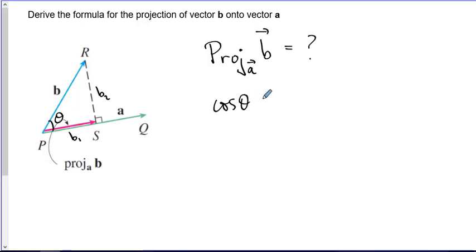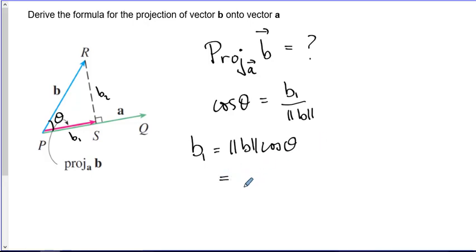Cosine of theta is B1 over magnitude of B. B1 here is the scalar. So that means I can write B1 as magnitude of B cosine theta. Then this is sort of out of the blue, but it works.